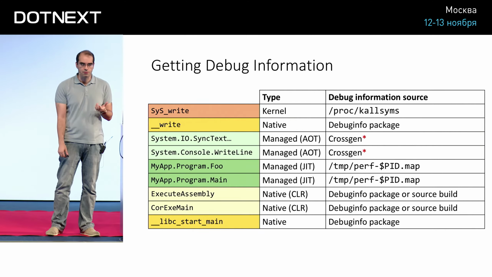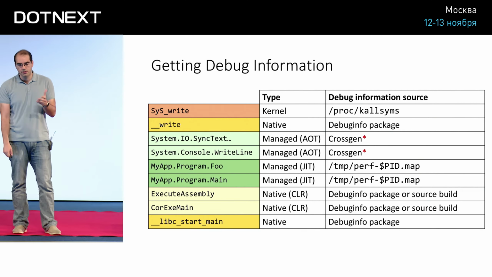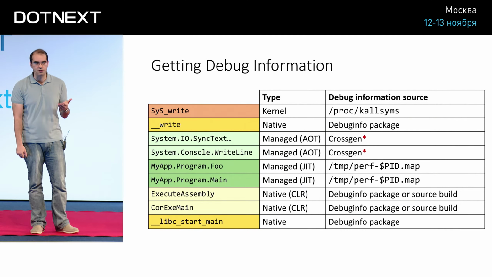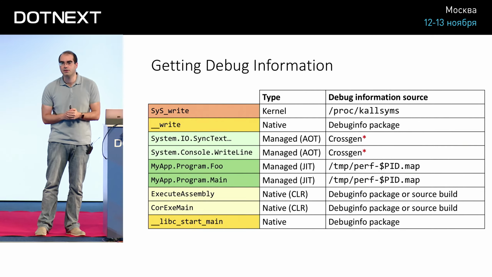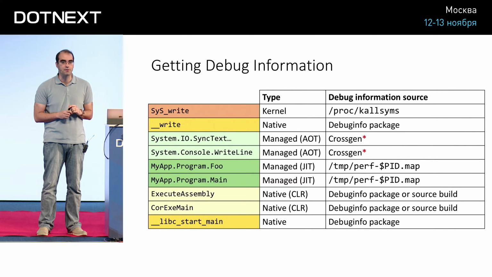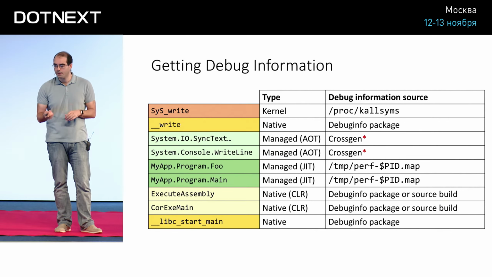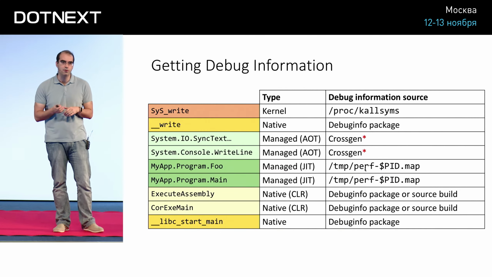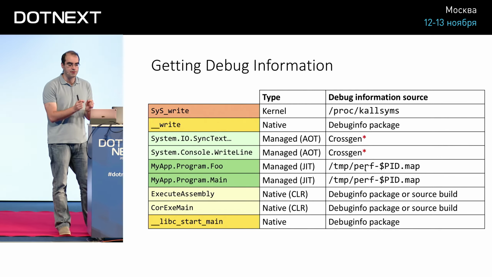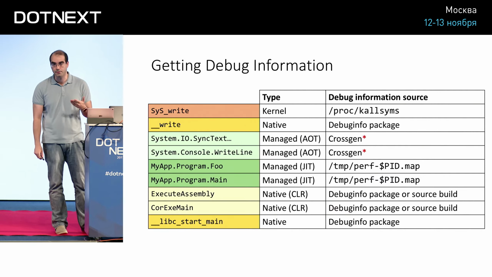But for JITted code, for code that's compiled at runtime, you will need the CLR to generate special debugging information. For any method which is JIT compiled, you will need extra information that tells you how to map addresses to function names. And this information on Linux is emitted by the runtime into a bunch of simple text files that sit by default in the temp folder and have a specific pattern so that other tools can find them. And perf, specifically, which I was talking about, can find this information there.